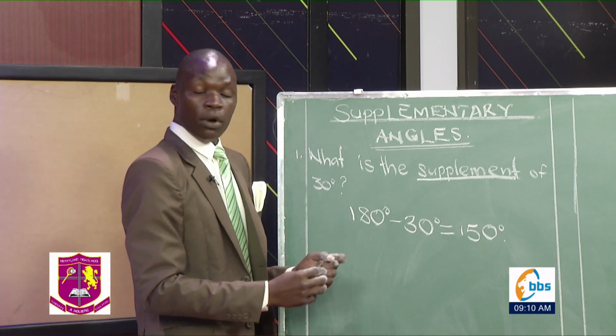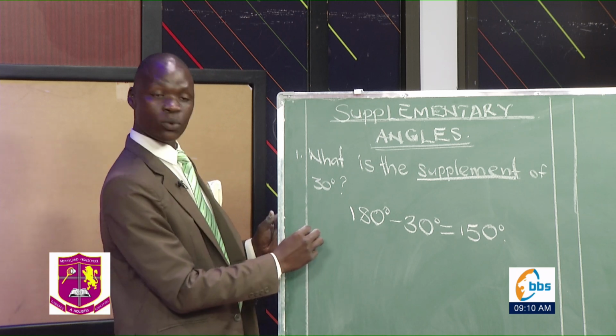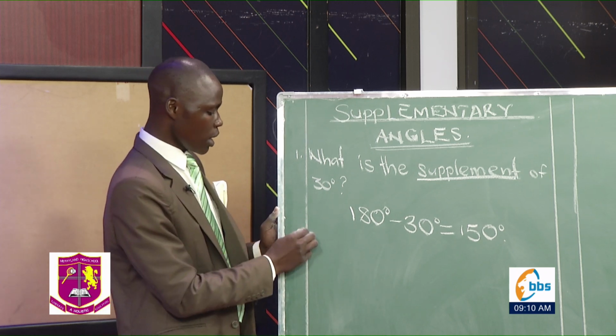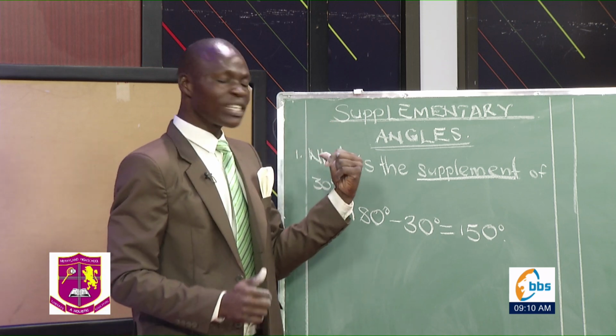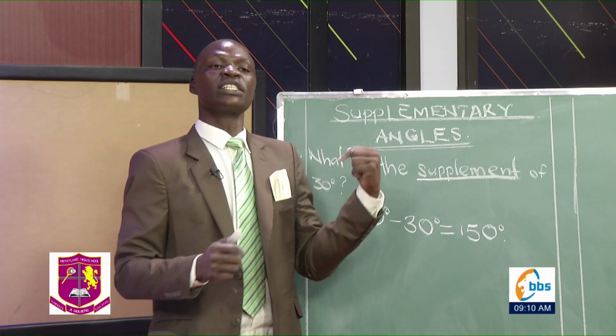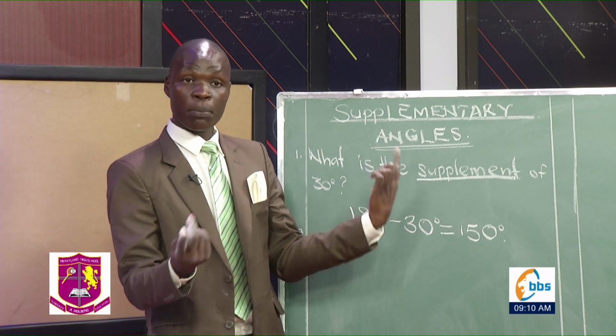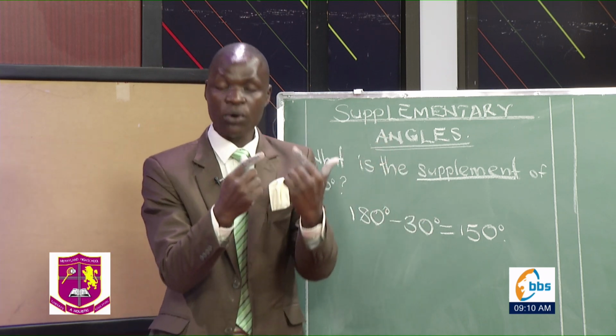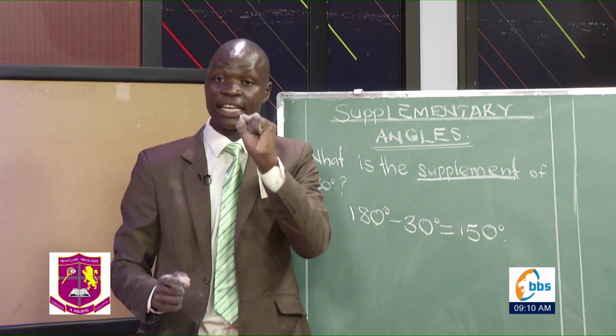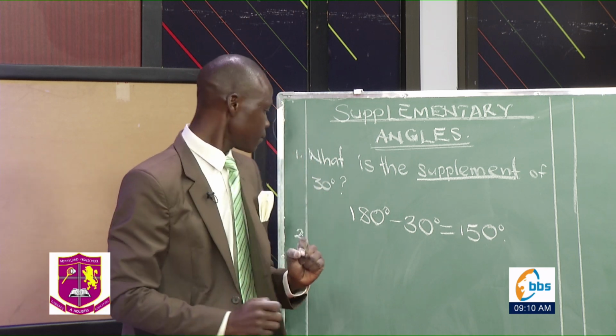Let's look at the second question. If you recall very well about what we did in complementary, the content is not far different from supplementary, because with complementary, two angles add up to 90, but with supplementary, the two angles must add up to 180 degrees.